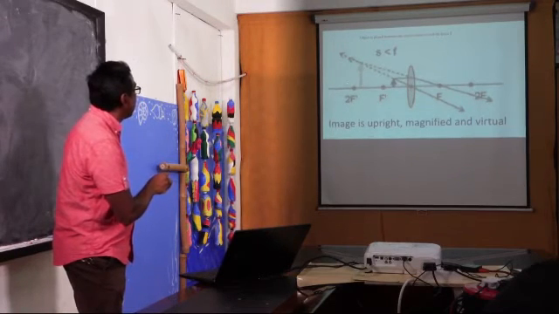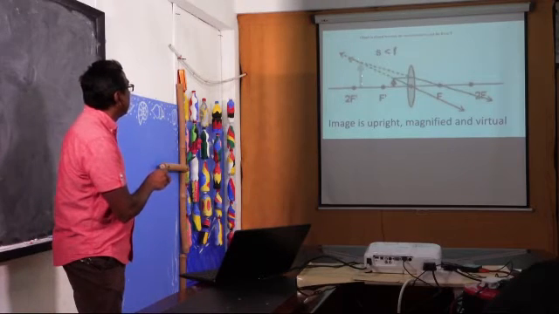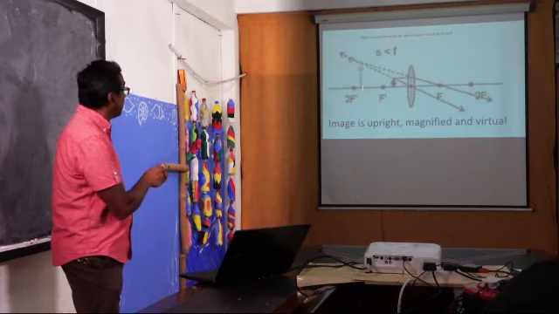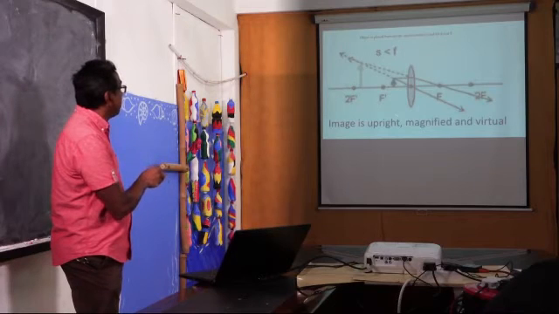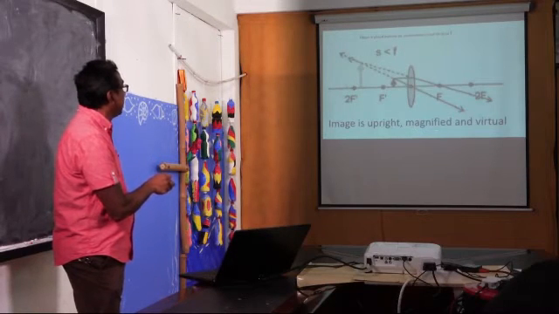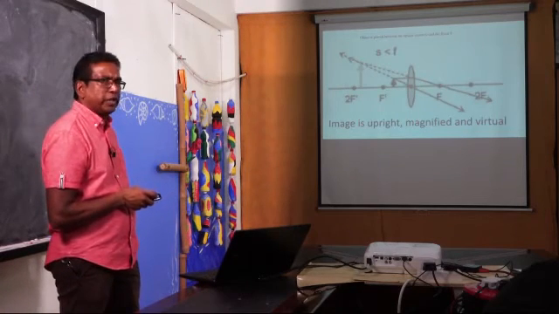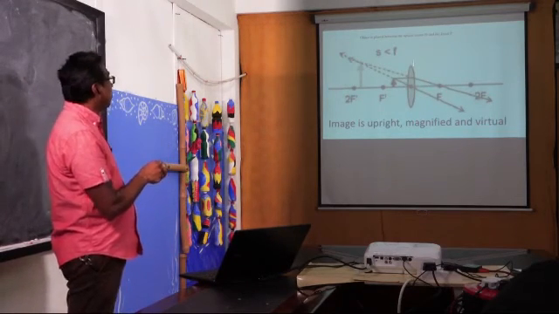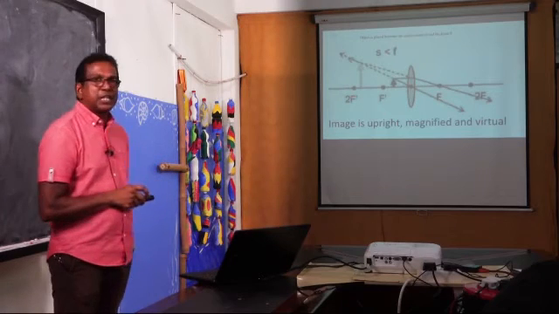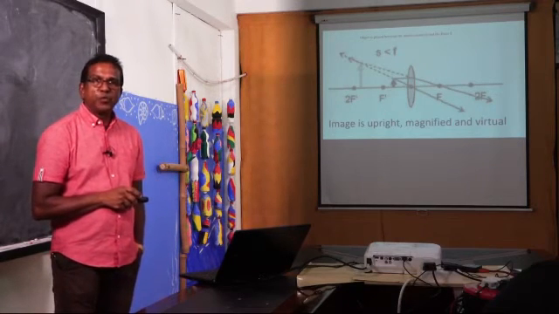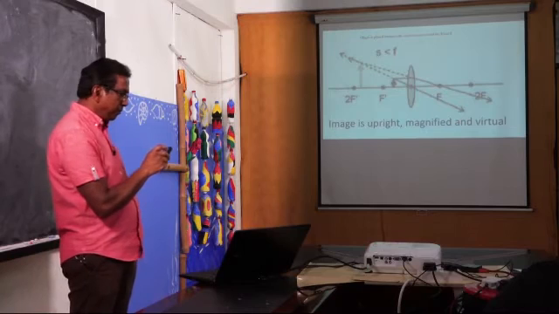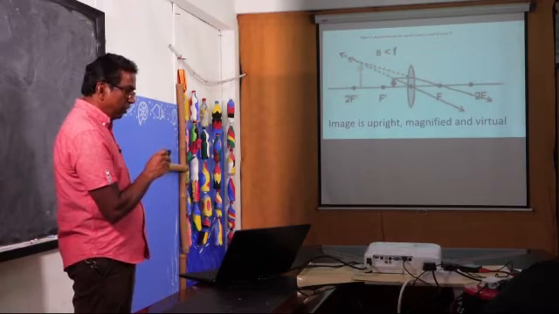On the same side as the object, and it's going to be magnified, upright. It's not upside down here, it is upright. It is magnified, and it is virtual. It cannot be produced on a screen. And here, you are using the lens as a magnifying glass to make something look bigger. So you have to understand this.